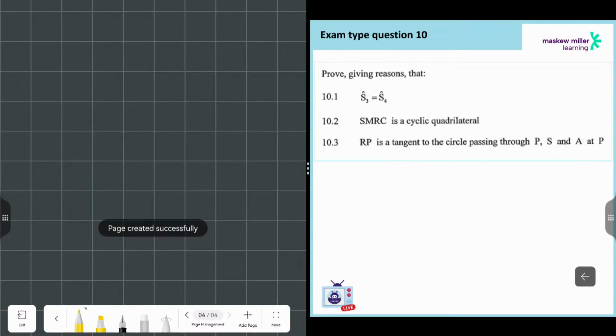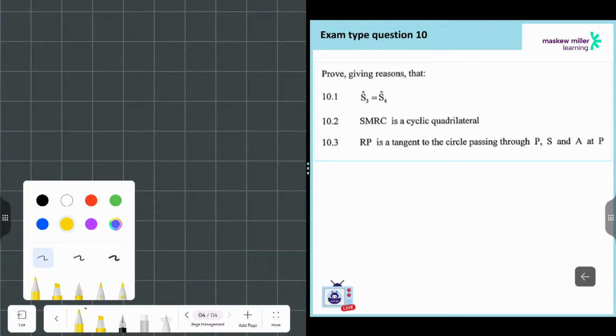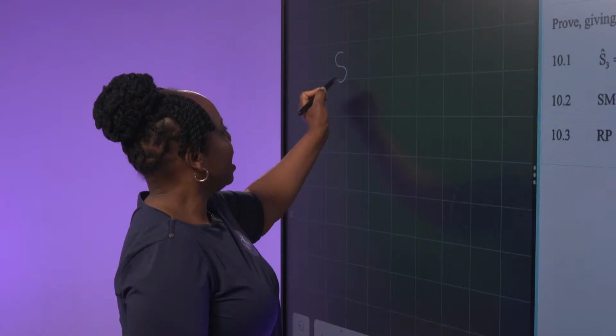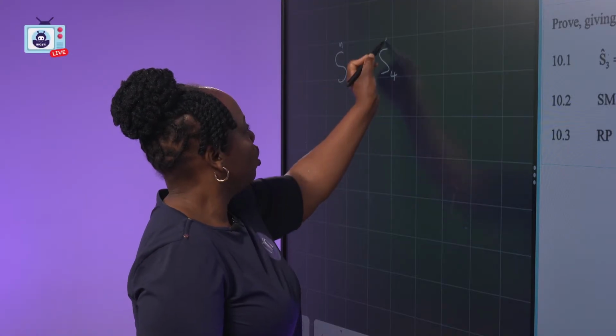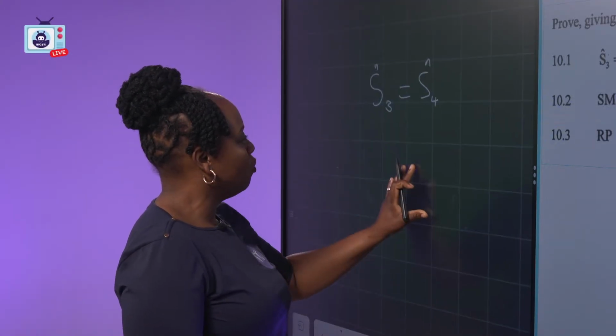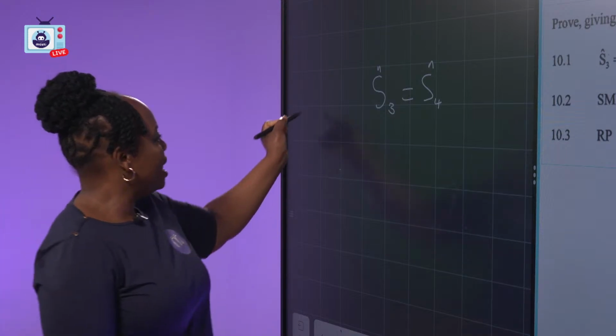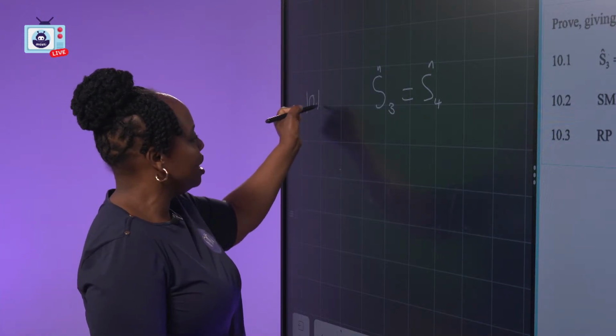They say prove, giving reasons, that S3 equals S4. Usually when I write this kind of question, I work with it as if I am starting from scratch.